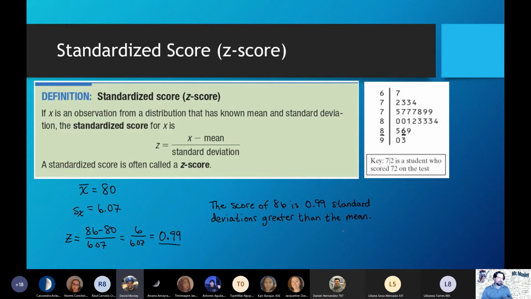So a score of 86 is almost one standard deviation greater than the mean.